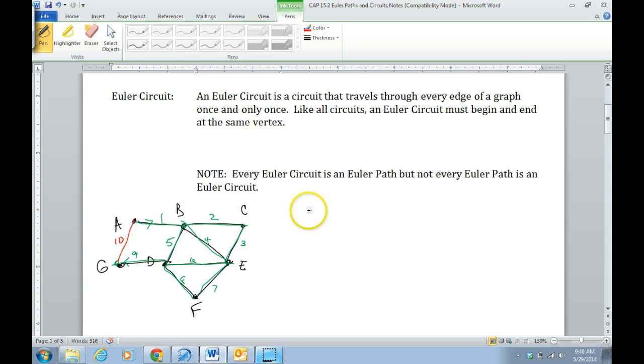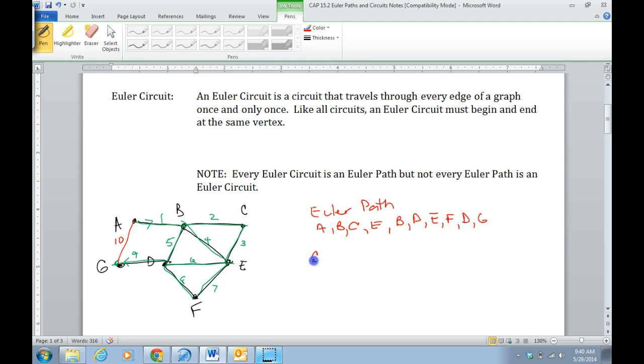So in order to write these down, if it asked you to write down the circuit, this is how you refer to it on your paper. You would start at A, so it would be A, comma, B. Then the next place I went was C, then E, B, D, E, F, D, G. That was the path.